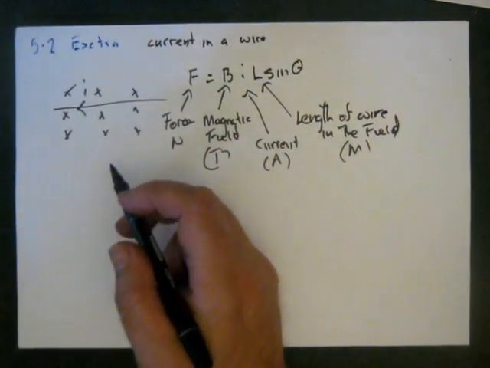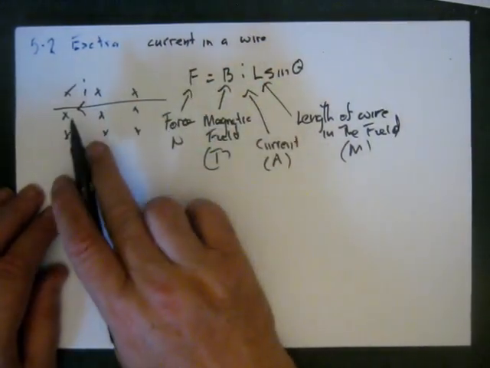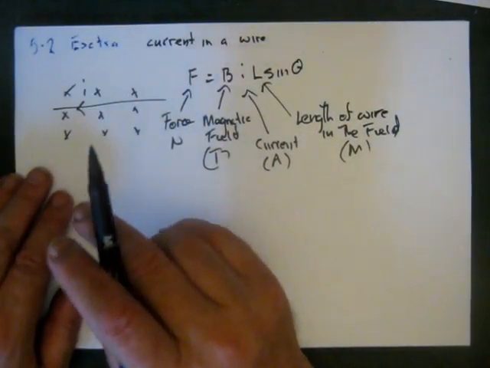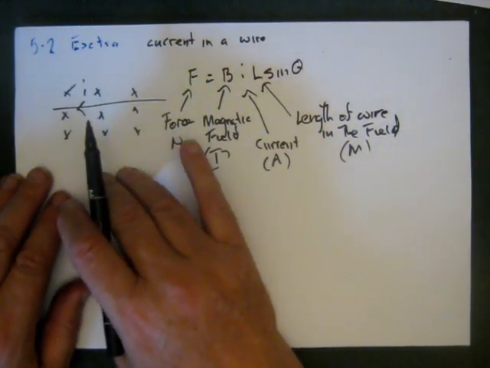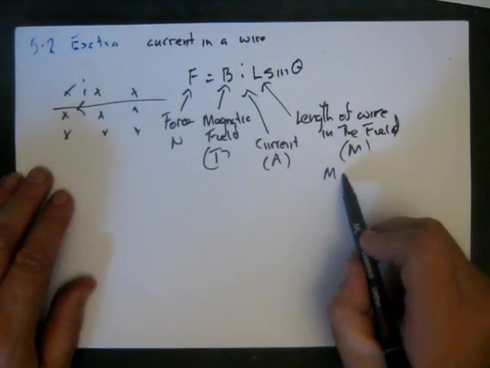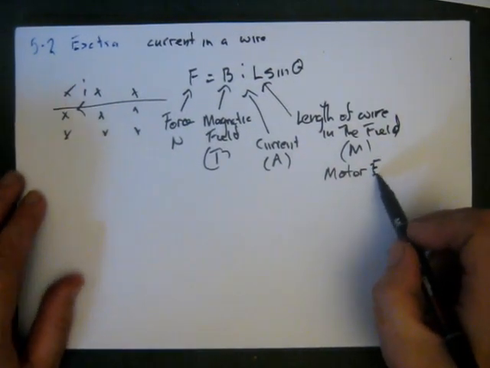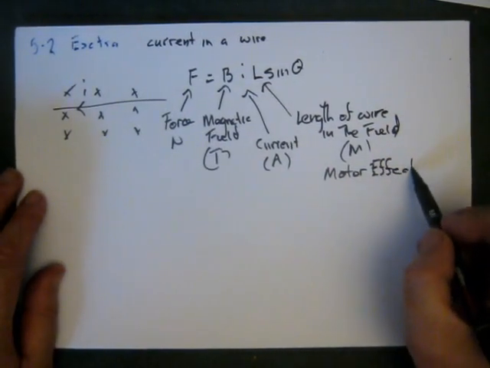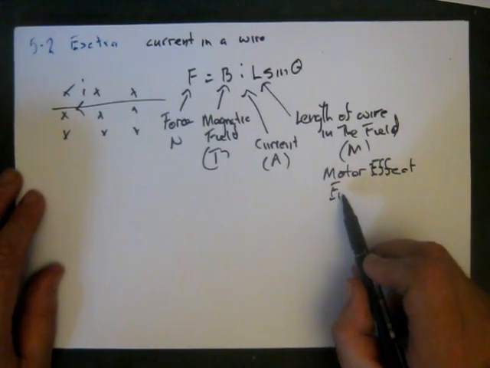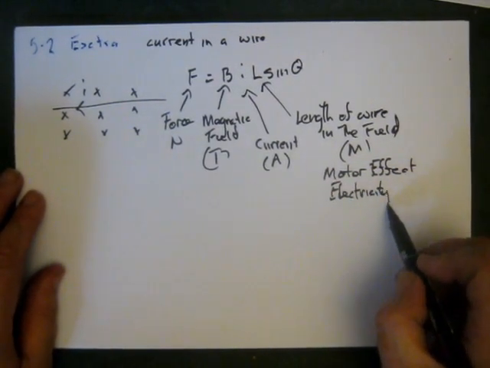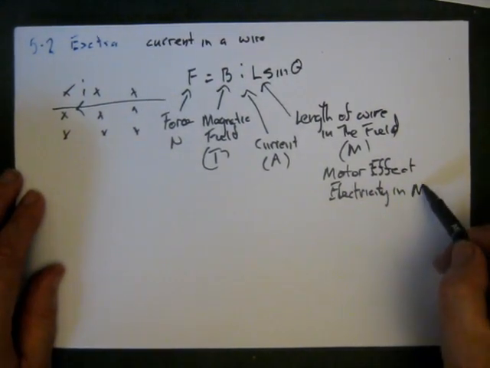So let's just do this quickly. This is called the motor effect. Basically, the motor effect, and we'll be hammering this a lot, is basically electricity in and motion out.